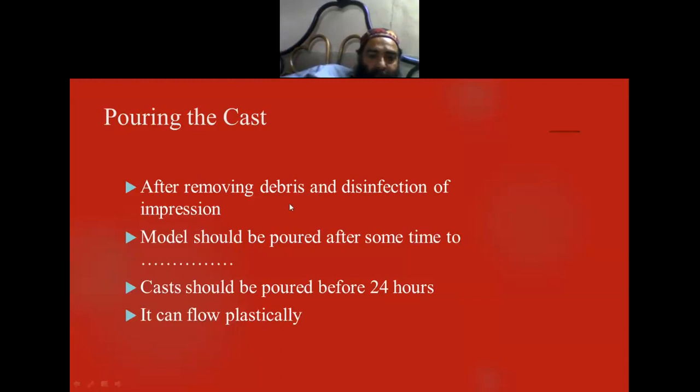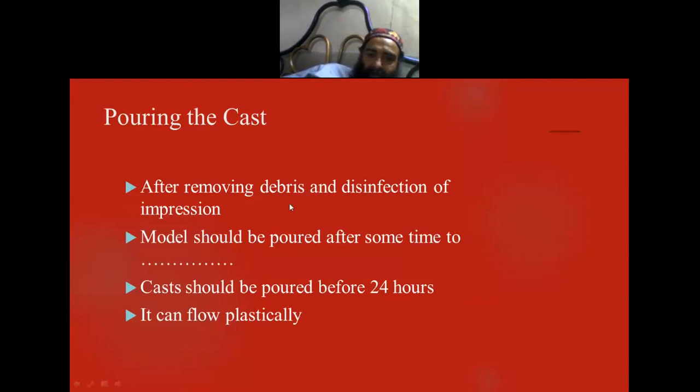Cast should be poured before 24 hours. As it is a plastic type of material, it is elastic, but having a fine impression it can be considered a plastic type of material.